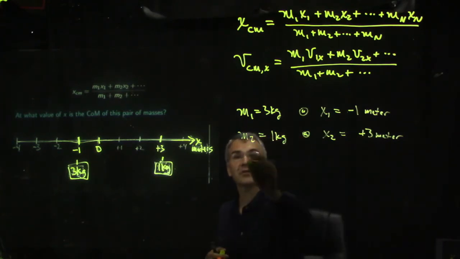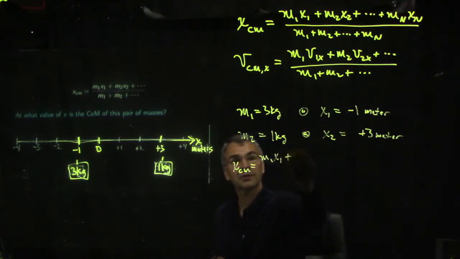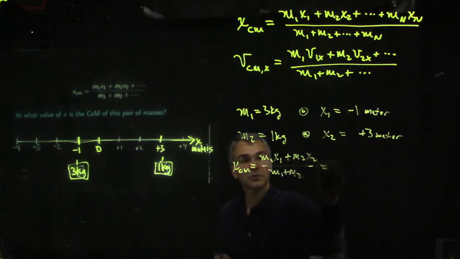And so we can say x center of mass is m1 x1 plus m2 x2 over m1 plus m2.